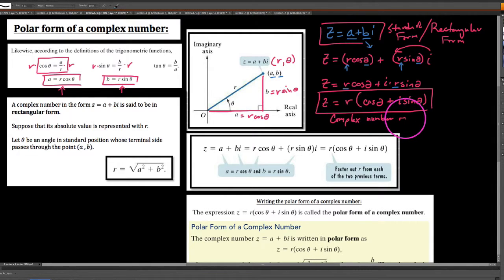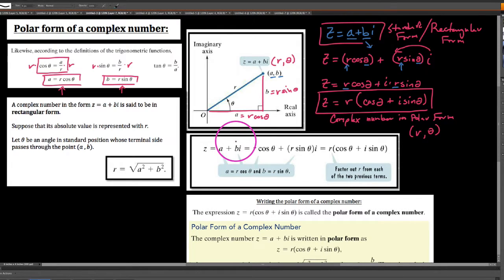Number in polar form. The reason it is in polar form is because we are able to determine these two values, r and theta, from what we have. And so this number in rectangular form, a plus bi, we could rewrite a and b as r cosine theta and r sine theta.